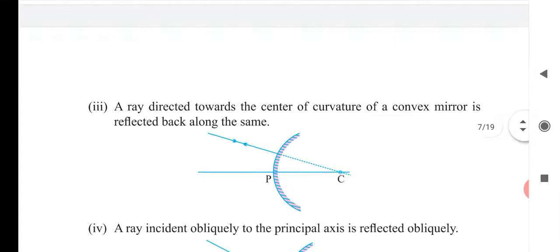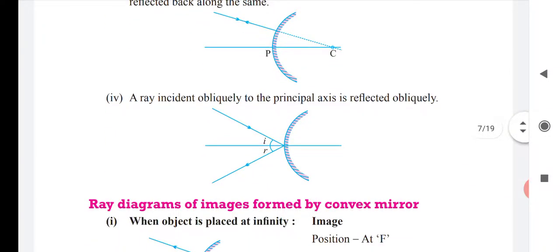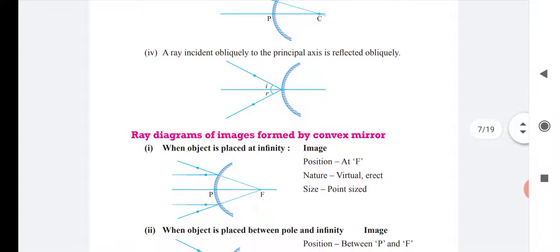Third, if you send a ray appearing to pass through the center of curvature, after reflection it will follow the same path. Fourth, if you send a ray obliquely, after reflection it goes obliquely. So these are the rules in the case of a convex mirror.